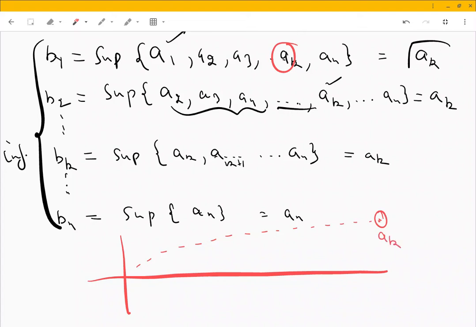This is AK, infinitely. So no matter whatever terms you are leaving, the value of B1 will always be this largest limit point, AK. So no matter how far you go, this is arbitrary, this is approaching infinity.